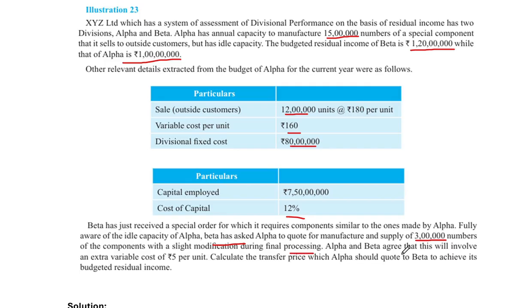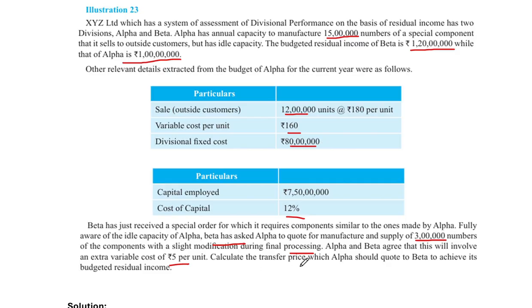Alpha and Beta agree that this will involve an extra variable cost of rupees 5 per unit. Calculate the transfer price which Alpha should quote to Beta to achieve its budgeted residual income.